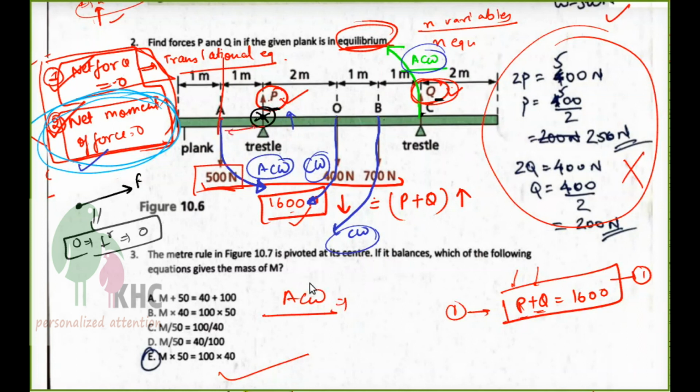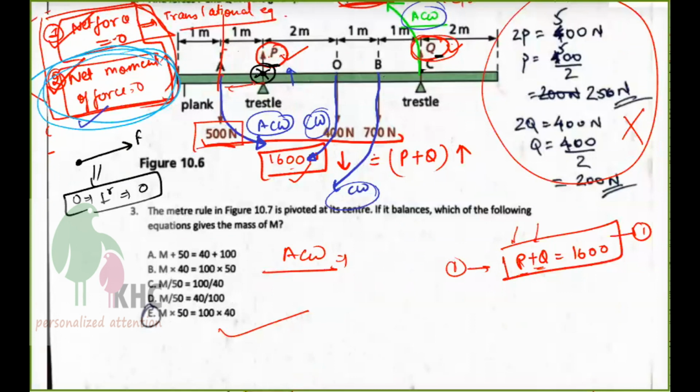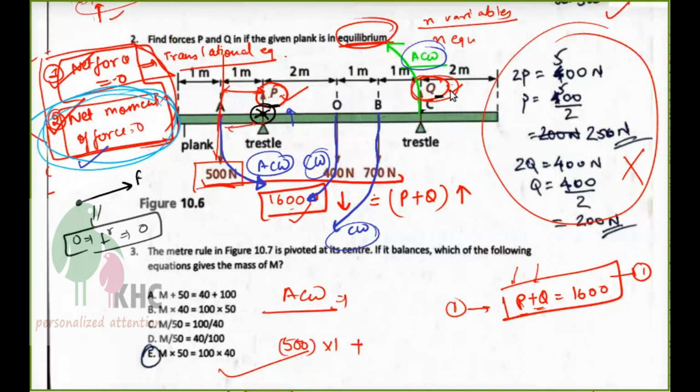Is this thing clear? Yes, ma'am. 1 meter, and then you have the force like this. So 500 multiplied by 1, plus another anti-clockwise moment that you have is of Q, which has a distance of 2 plus 1, 3 plus 1, 4.